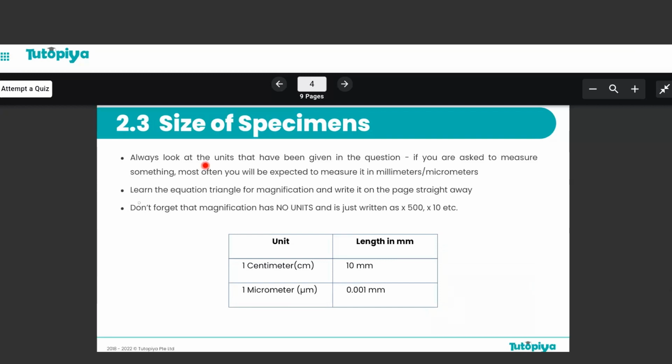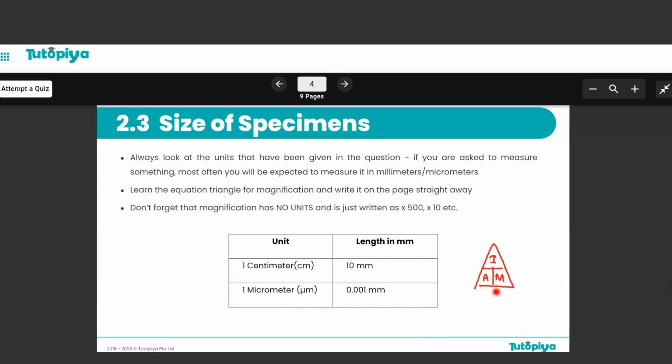Secondly, learn the formula triangle of magnification, where you have image size at the top and actual size and magnification at the bottom. If you ever get a question regarding this, you immediately draw up this formula triangle on the page.